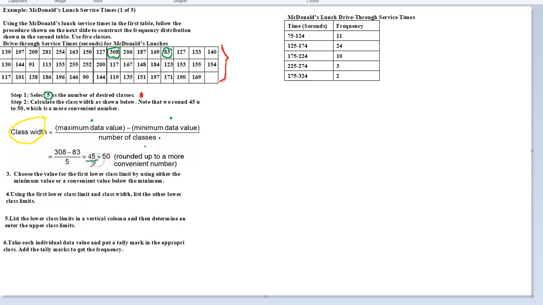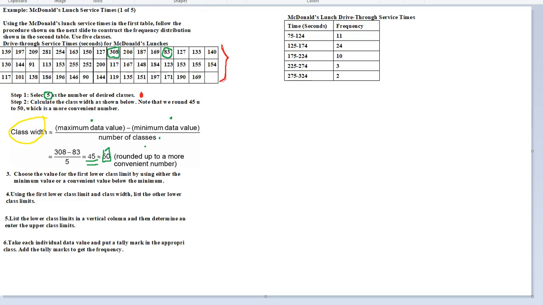Now because we want to make a frequency table, we want to use a more convenient number, so I round up to 50. Now we know the minimum value and the maximum value, and we know what the class width is going to be.